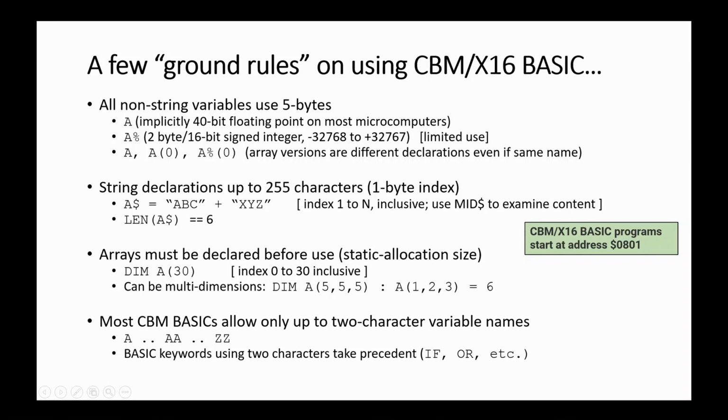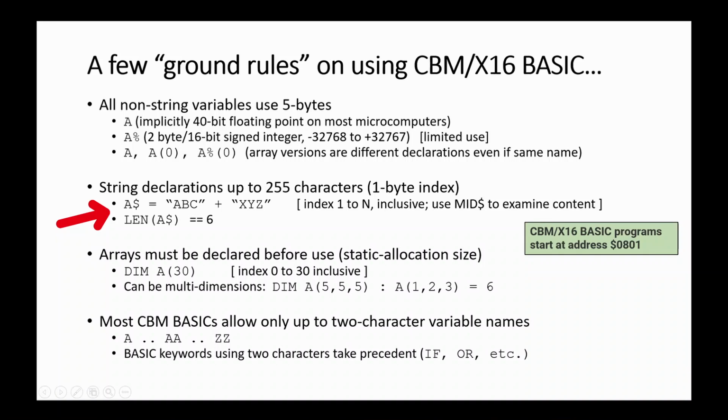Arrays, even though they have the same name, if they're typed differently, the fact that it is an array is treated differently. You can consider it as if it's a different declaration than the non-array version. When you declare a string using this $ symbol, they are limited to 255 characters. Those strings, you can concatenate them using this syntax.